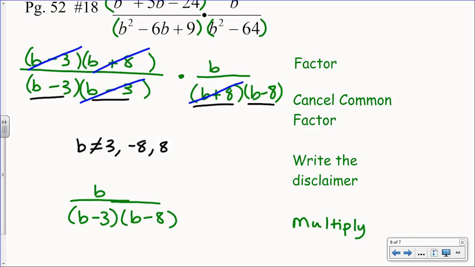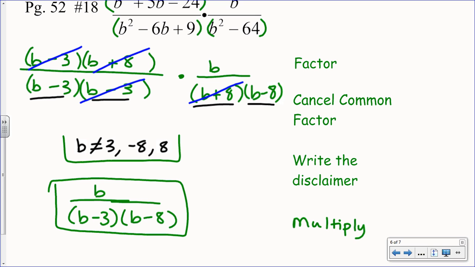You don't need to multiply those back out. Questions about that? Okay, let's look at a couple division problems, and then that will be it.